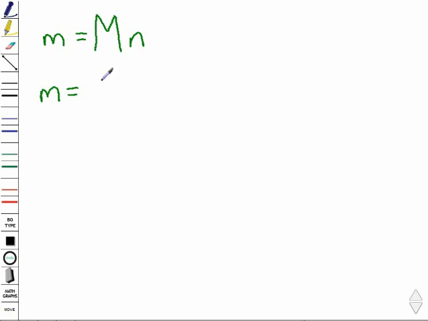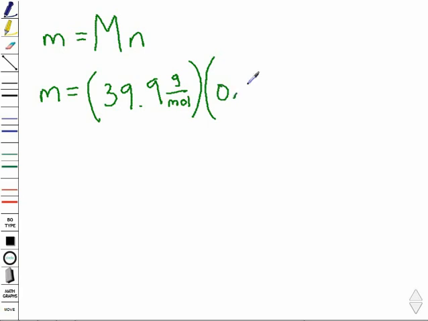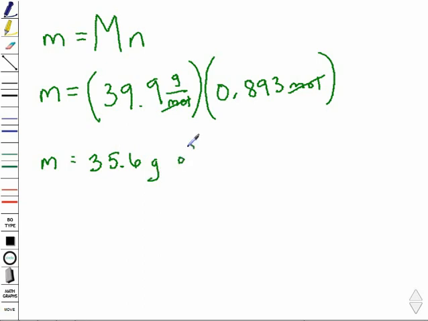We were given the molar mass at the beginning of the problem, and that is 39.9 grams per mole. And this is times the number of moles we just calculated, which is 0.893 moles. We've got a mole on the bottom and a mole on the top, so those cancel. And our final answer of the mass of our argon sample is 35.6 grams of argon.